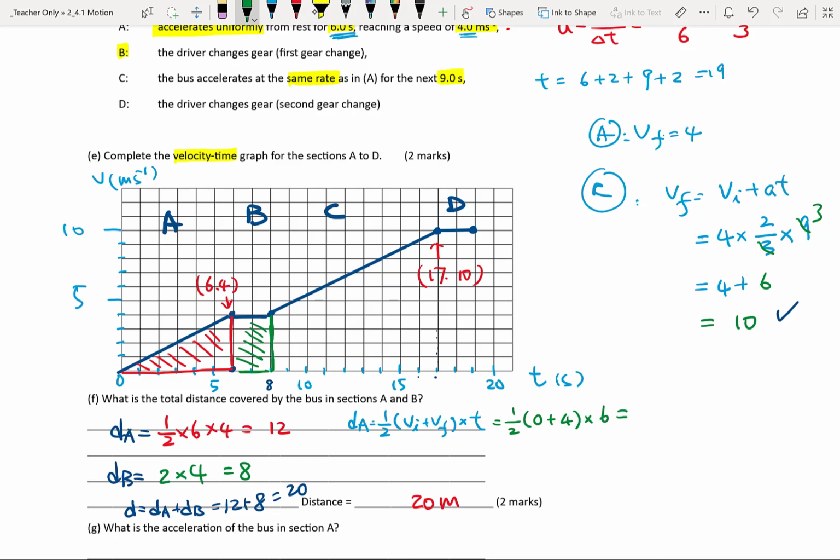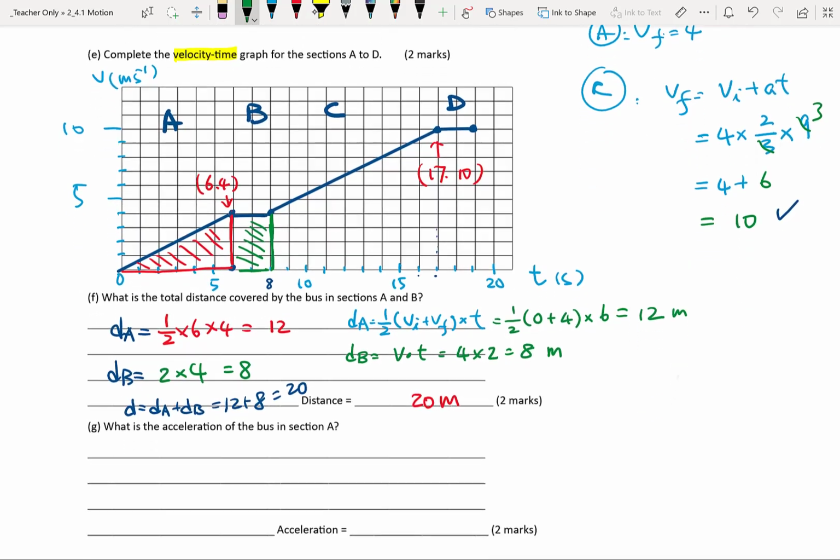And again, this will get you the same answer, 12 meters. Okay, and DB is constant speed, so even if you don't use the diagram, you can use distance equals speed times time, and speed is 4 and time is 2, so 8 meters. They have the same answer. So 12 plus 8 is 20 meters.